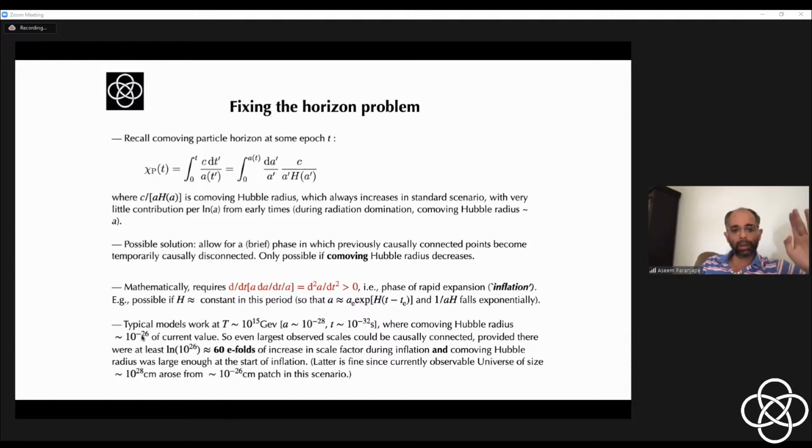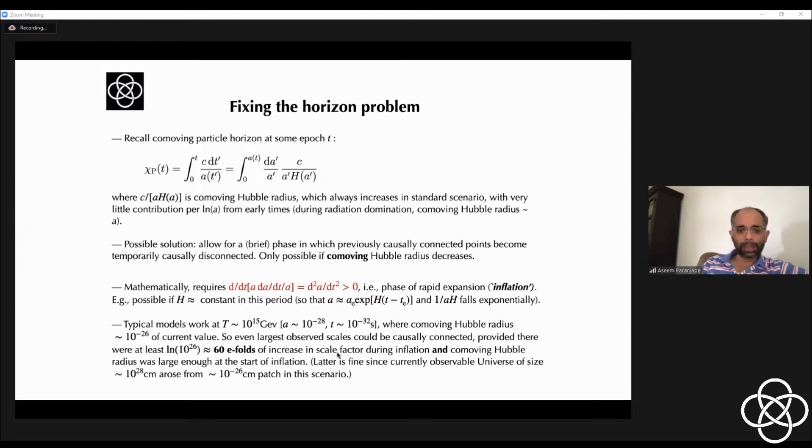I have to get rid of this number somehow, and make sure that the co-moving Hubble radius decreases by this amount. So if I want to make sure that the largest observable scales that I can see today are causally connected, I need to account for the natural log of this factor, that many e-folds of increase in the scale factor.